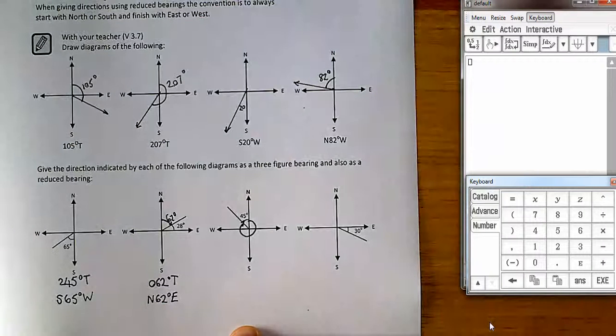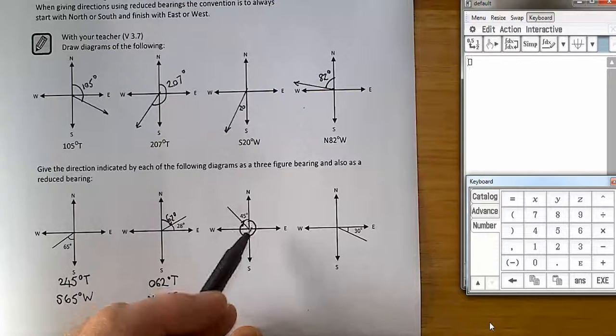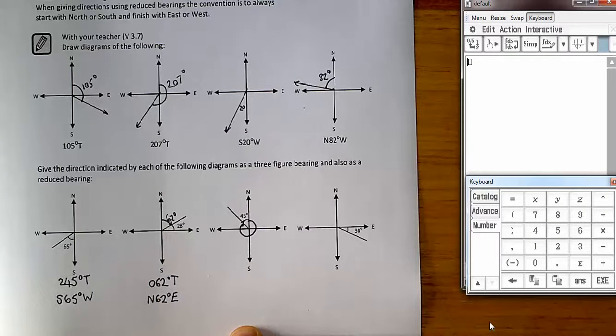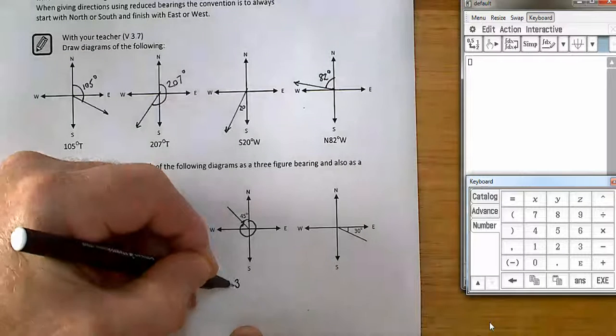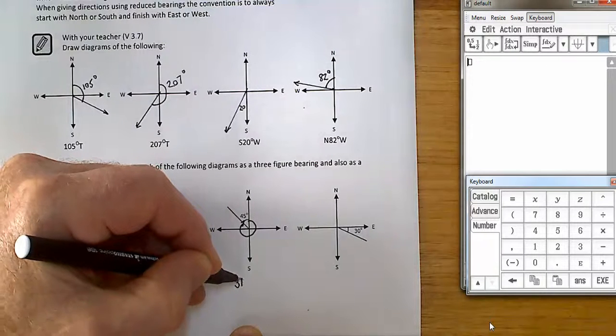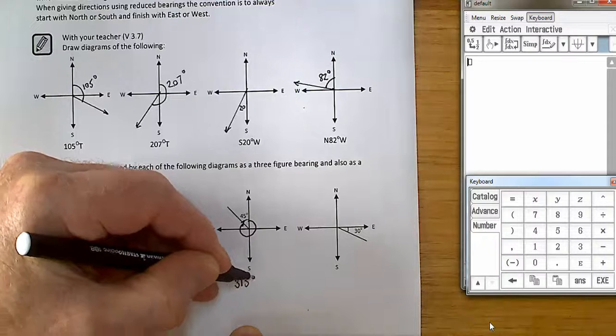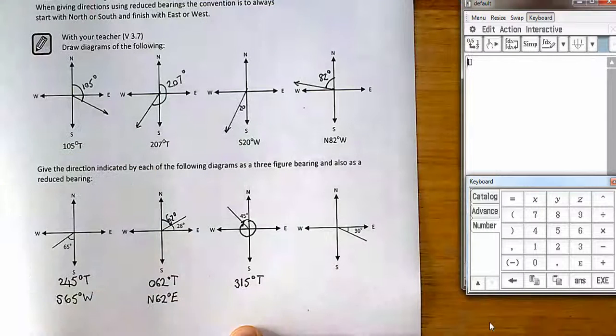For this one, what I'm thinking is, well, if I did a full rotation, I've done 360 degrees, but I'm going to stop 45 degrees less than that. So 360, take away 45 degrees, equals 315 degrees clockwise from north.